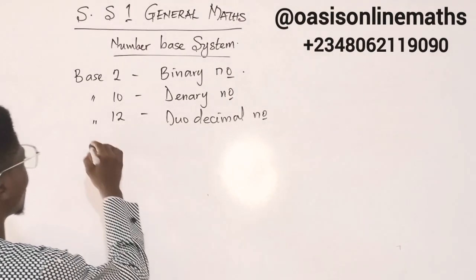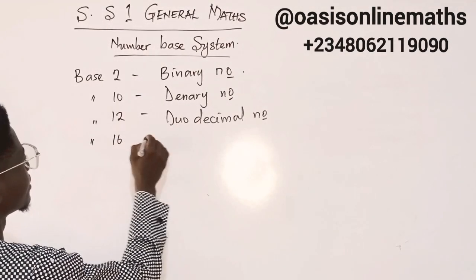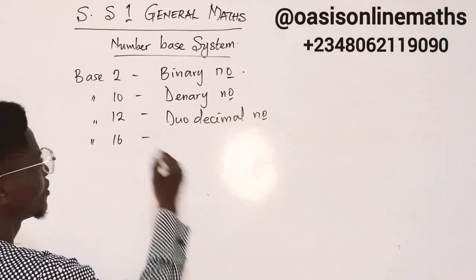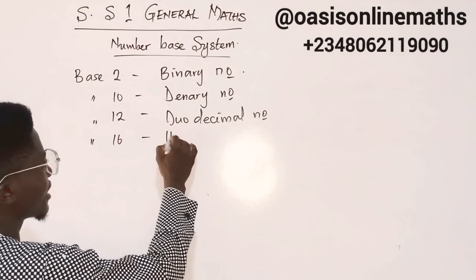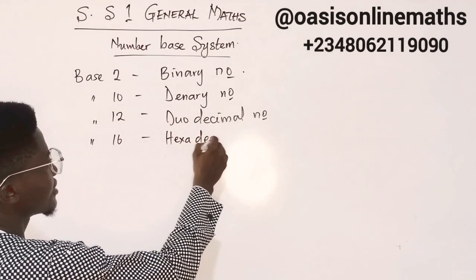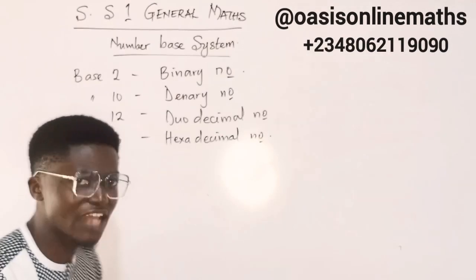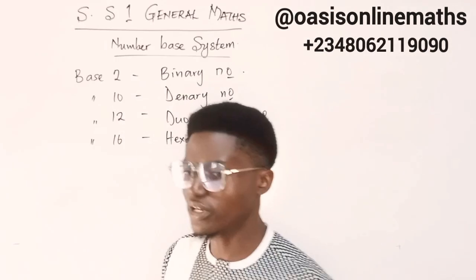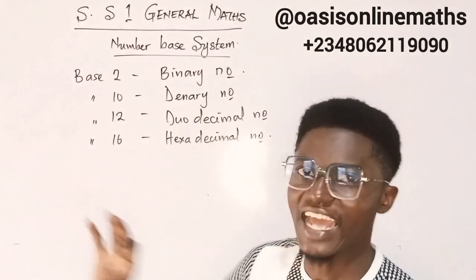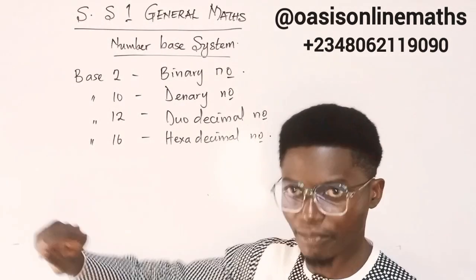And also we have base 16, hexadecimal numbers. We have many of them like that, but let's pick them one after the other, and we shall be dealing with them.